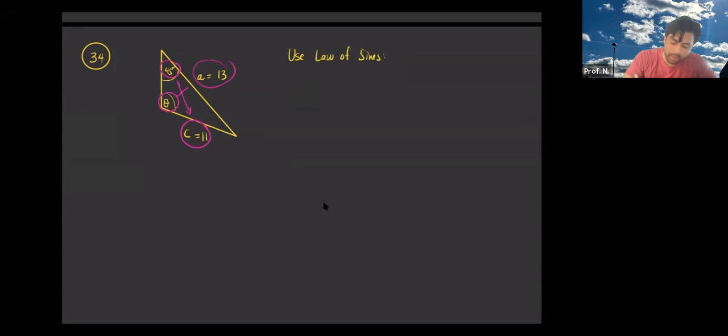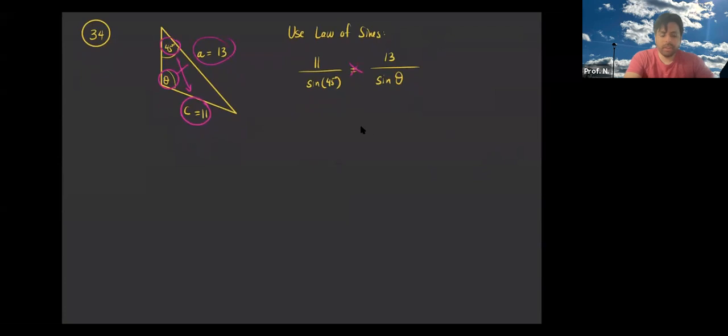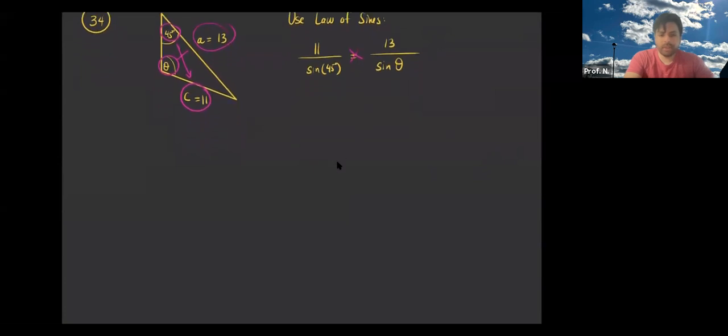You have 11 over sine of 45 degrees equals 13 over sine theta. And I can solve for theta by cross multiplying. Do you see that, Tiffany? So number 34, you only need law of sines. You don't need law of cosines.